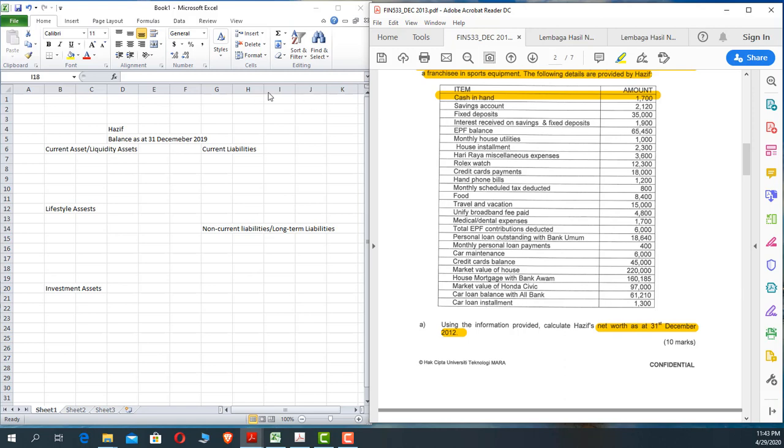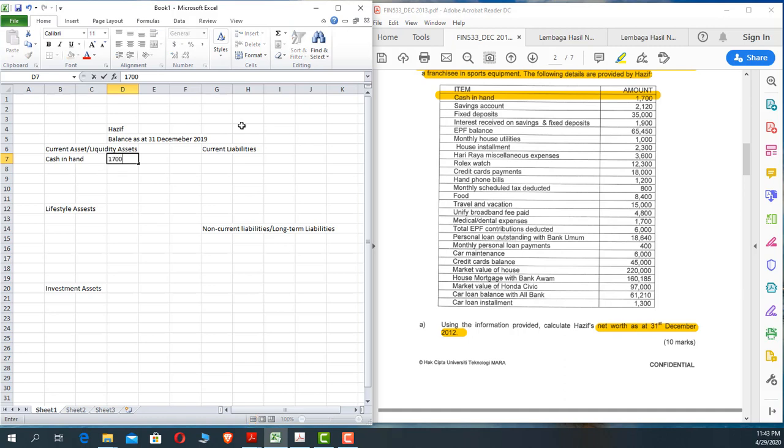This is the cash that your current asset. So amount dia ialah 1,700.